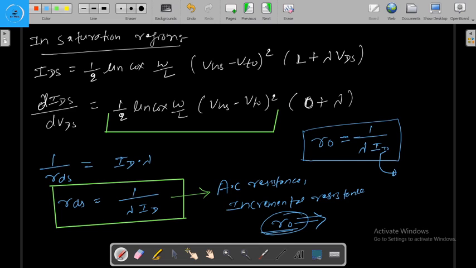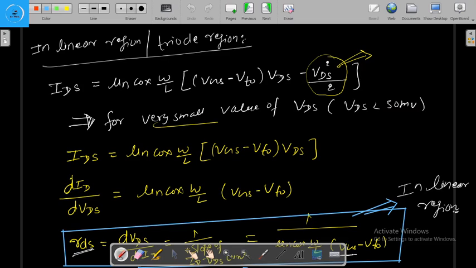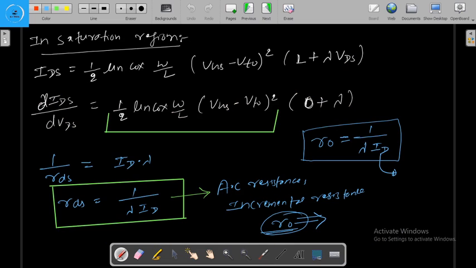So we have seen the resistance in both the linear as well as the saturation region, right? So in the linear region, the resistance will be equal to 1 upon μn Cox W by L (VGS minus VT0), and in the saturation region, the R0 will be equal to 1 upon λ ID.